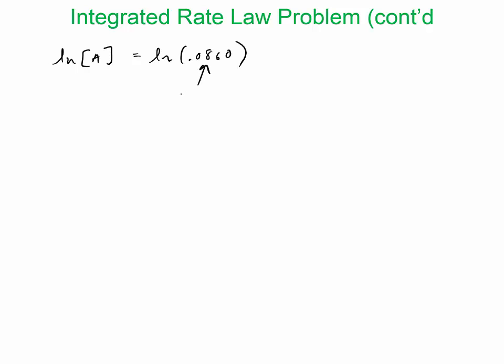Where this number came from is the chart, the initial amount, and minus our k value, which was 0.012 inverse minutes, and the time is 180 minutes. They actually gave us 3.00 hours, so we need to convert that to minutes because our k value was in minutes. So now we can solve this problem.